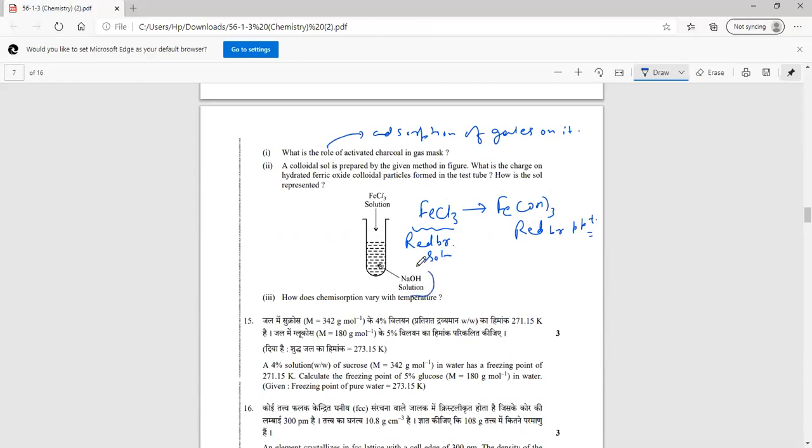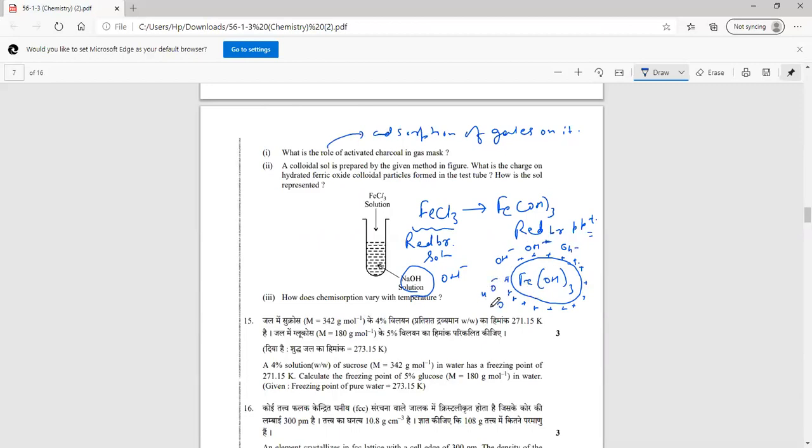Now since hydroxide ion is in excess, over the residual charges of Fe(OH)3, that means the plus charge of the iron and H plus of the solvent, a Helmholtz bilayer of OH minus ion will form. Helmholtz electrical bilayer will be formed.